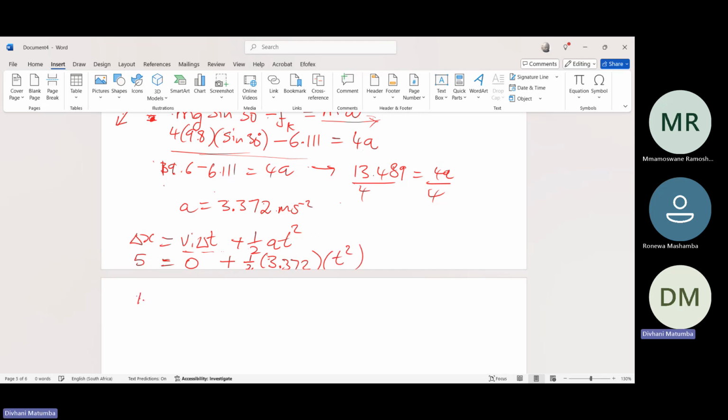So 1.686 t squared equals 5. Divide by 1.686: t squared equals 2.966, and t equals plus or minus the square root of 2.966, which is 1.722 seconds.